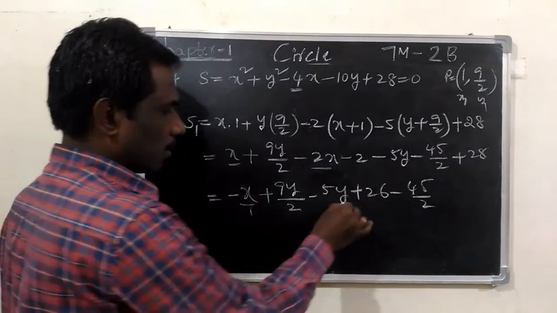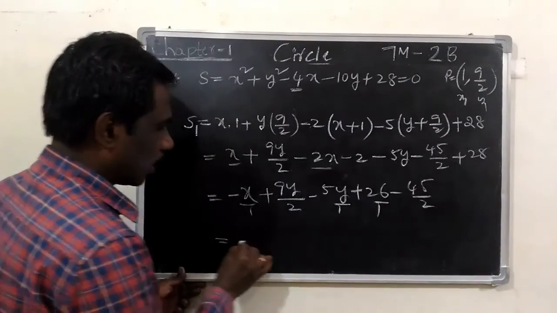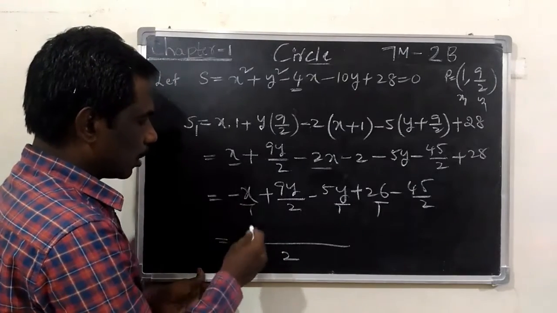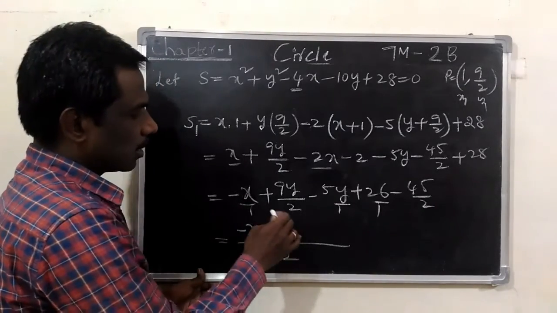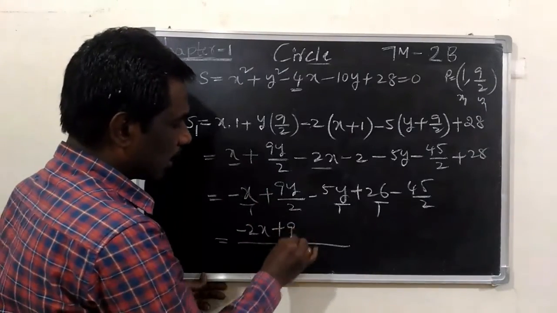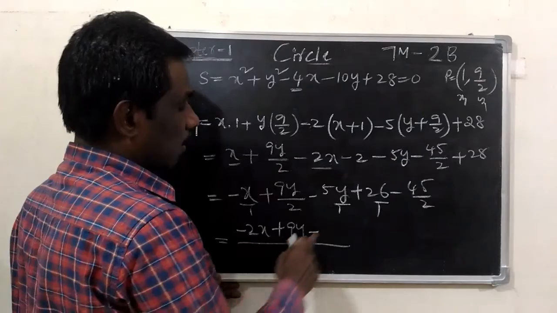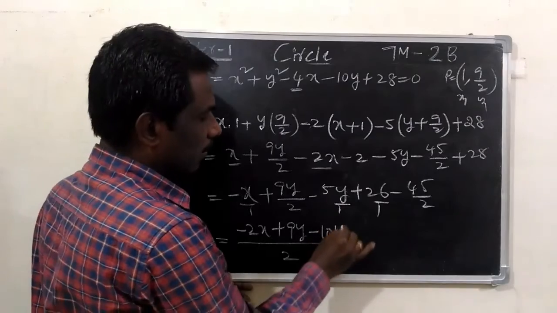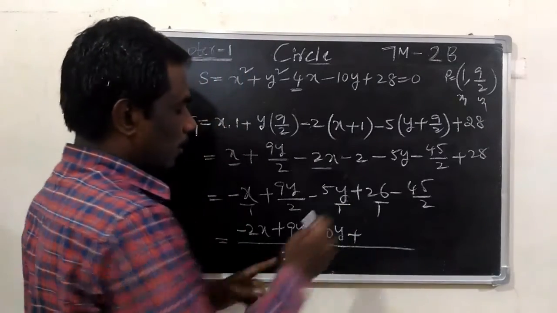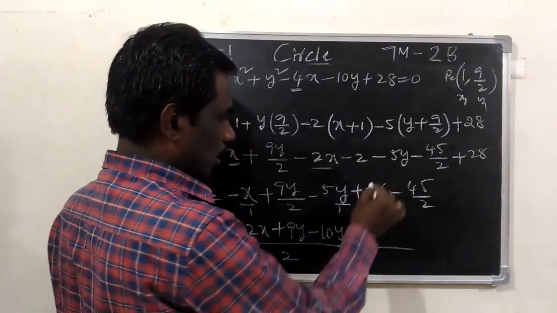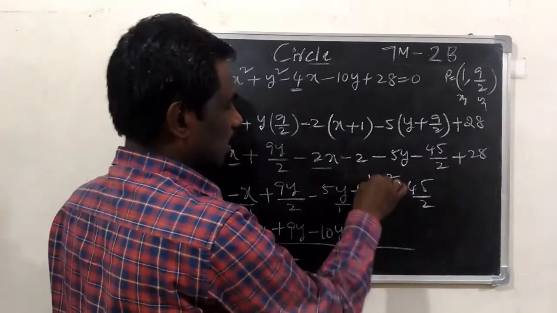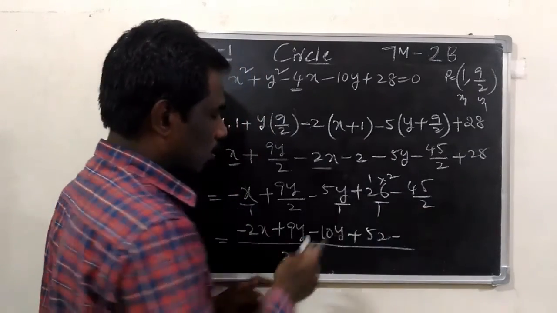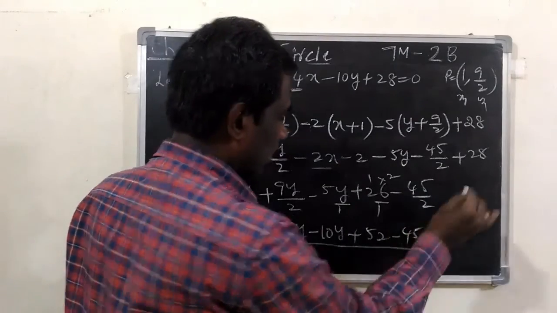Then we can write by 1 and by 1, so the LCM is 2. In one, 2 goes 2 times, so 2 into minus x is minus 2x, plus in 2, 2 goes 1 time, 1 into 9y is 9y, minus 2 fives are 10y. In one, 2 goes 2 times, 2 into 26, 2 sixes are 12, 2 twos are 4, 1 five, 52, minus in 2, 2 goes 1 time, 1 into 45 is 45.